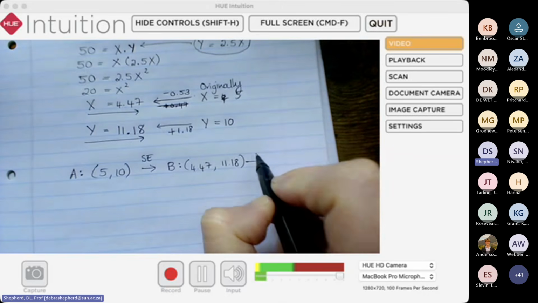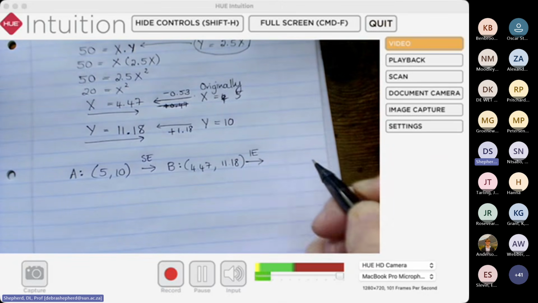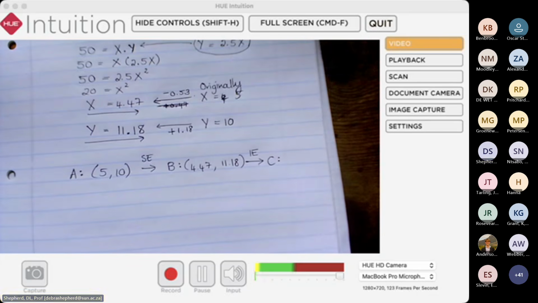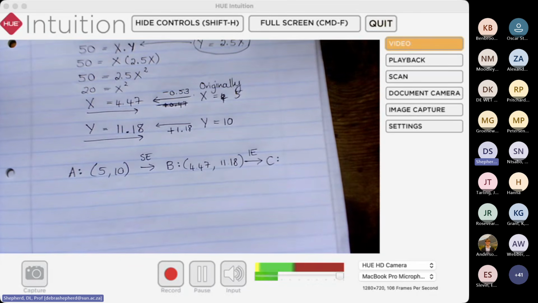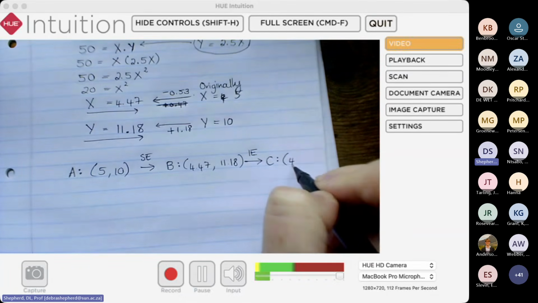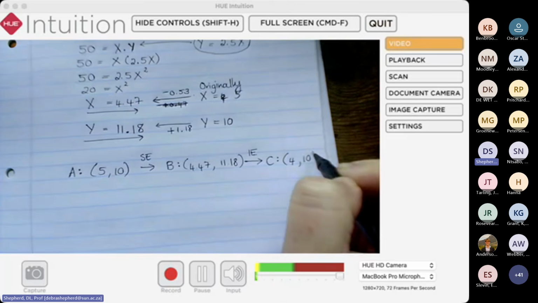The income effect then takes us all the way to the final consumption point. So the total effect, if we add the substitution effect and the income effect, we have that full total effect of the price change. And we already calculated that to be 4.10.